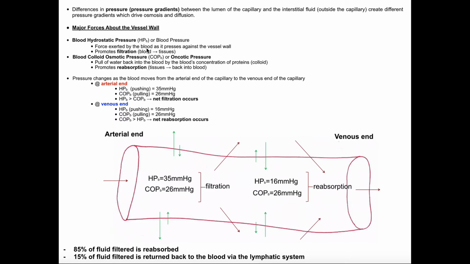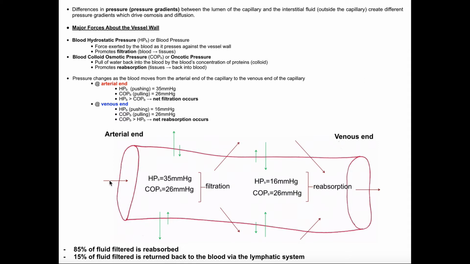Notice at the arterial end, the blood hydrostatic pressure is about 35 millimeters of mercury. On the venous end, the blood hydrostatic pressure drops to about 16 millimeters of mercury. Now, blood hydrostatic pressure, anywhere in the vasculature, is really just proportional to the force exerted by the blood as it presses against the vessel wall.